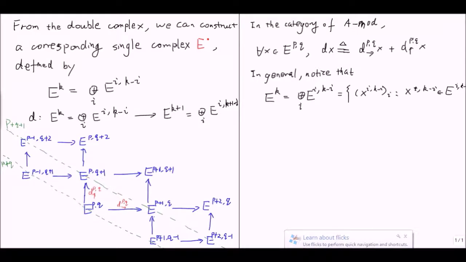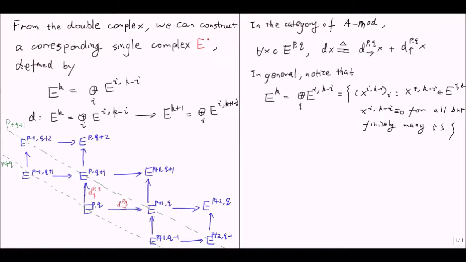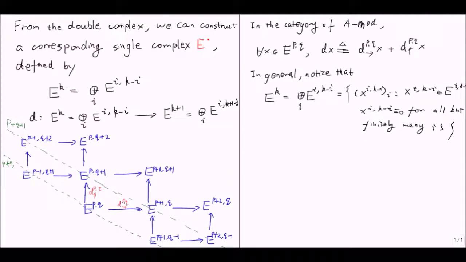And furthermore, x sub i, k minus i is 0 for all but finitely many i's. So we can extend the definition of d from each summand to all of E superscript k.